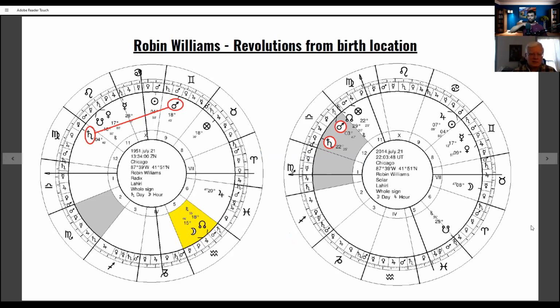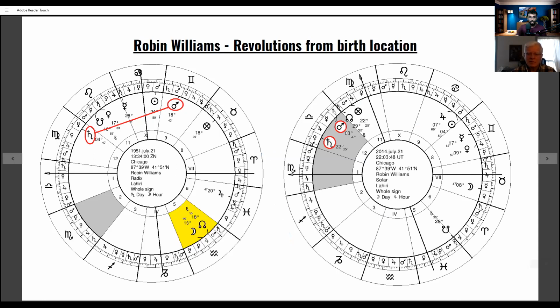Okay, so I was using Robin Williams's chart, and the one on the left is the natal chart, and the one on the right is the solar revolution. It's again about death. I think it's just by chance that both of us have taken death as an example.